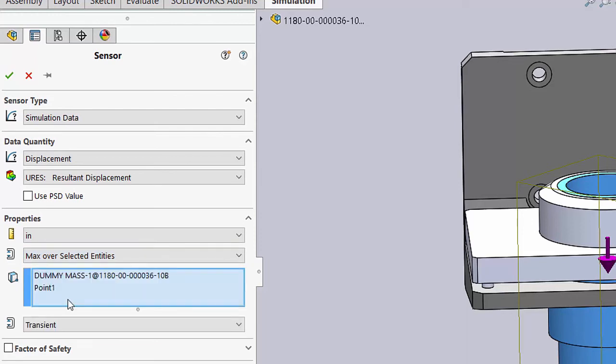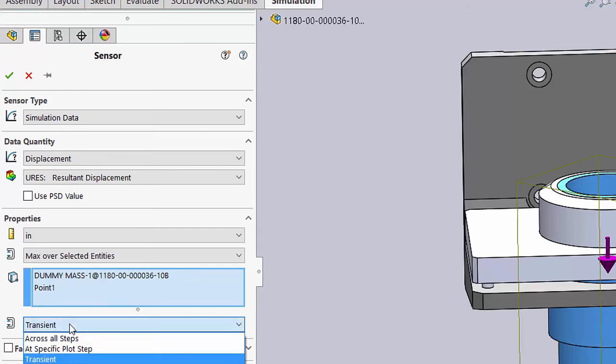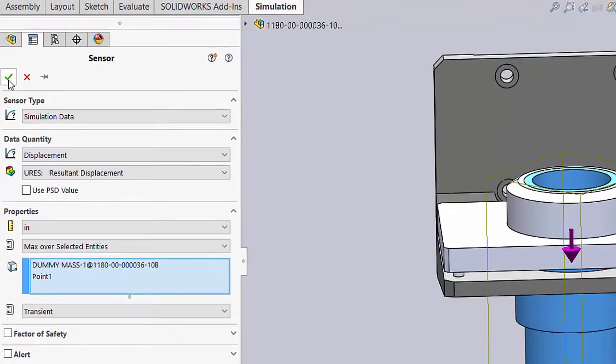I chose max because we're worried about the worst case scenario, and then I chose data point 1 for that dummy mass object. The last thing is you want to make sure, because this is a transient analysis, meaning it's time-based, make sure this is set to transient, not across all steps. So that does all the time points.